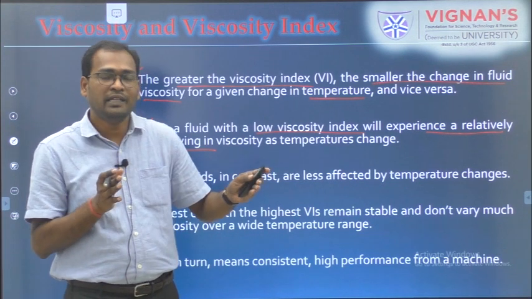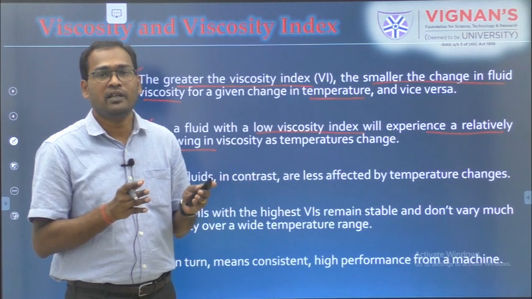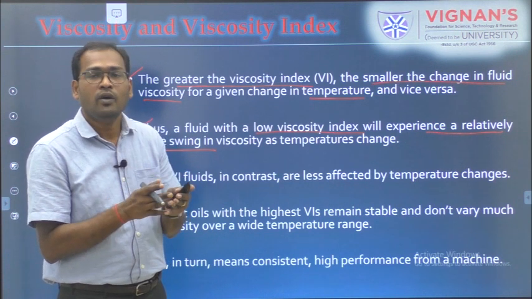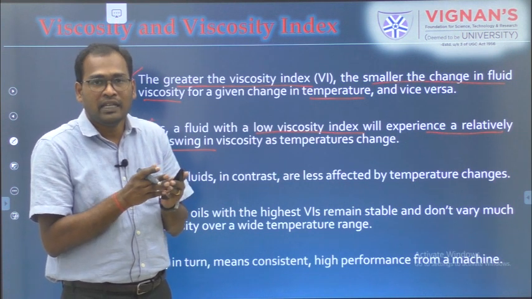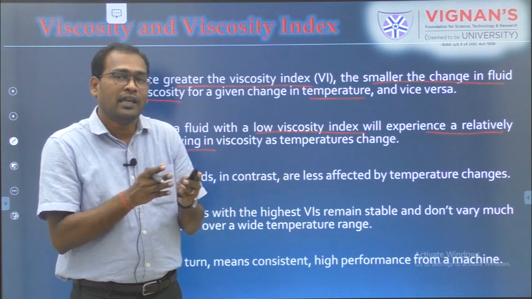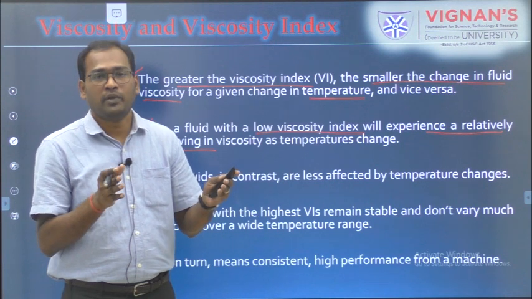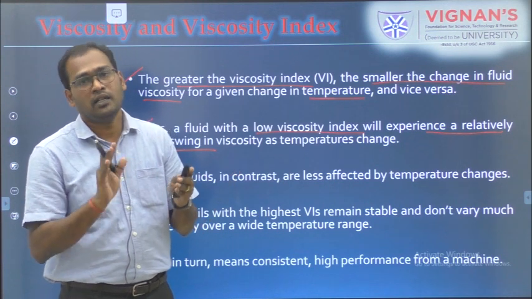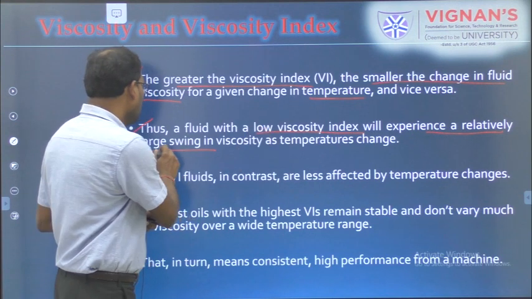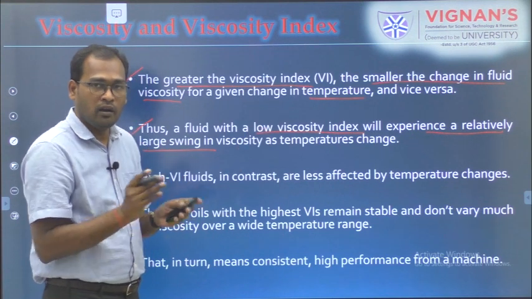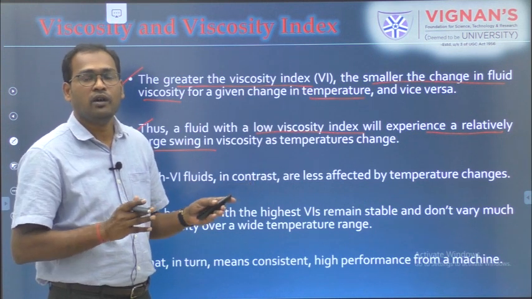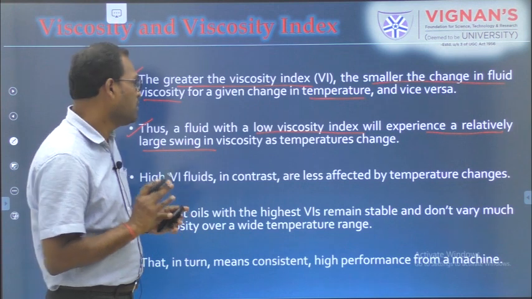So, there will be a huge gap between the viscosity difference as a function of temperature, right. So, at low viscosity index, the material will have a wide range of viscosity as a function of temperature, and this is not usually appreciated when it is used as a lubricant. Okay. So, at low viscosity index, the viscosity swing or the viscosity change will be very high, which is not usually accepted in lubricants.